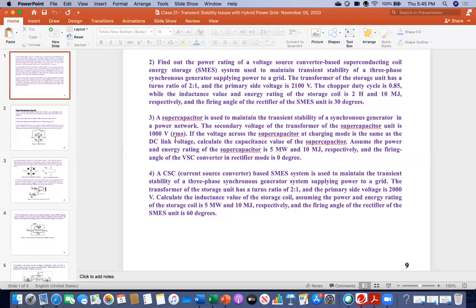Even if it is not mentioned, by default that is RMS. If it is peak, it will be clearly mentioned. But in this case, it is clearly mentioned that this is RMS, so you must multiply it by root 2.